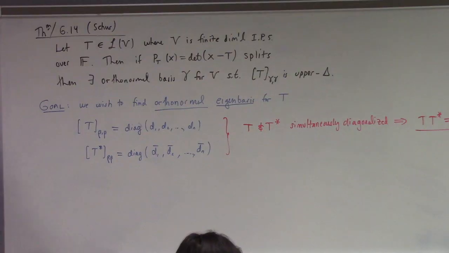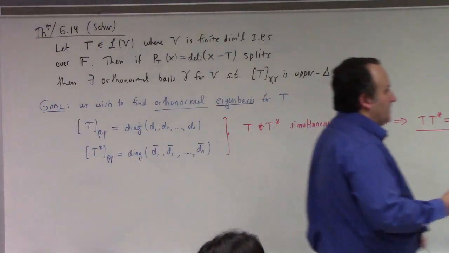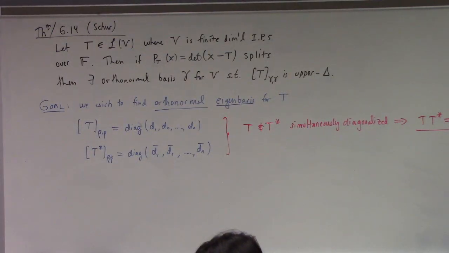So can you guys tell me some examples of normal matrices? Let me show you one that's not obvious. Here's one. If I do cosine theta, minus sine theta, sine theta, cosine theta, it turns out that that's actually a normal matrix.